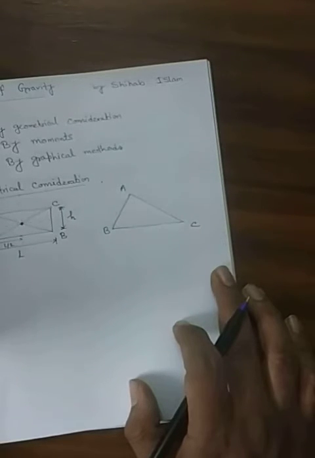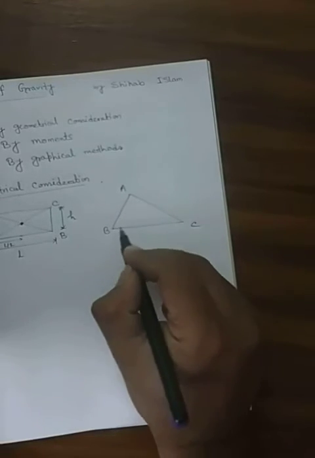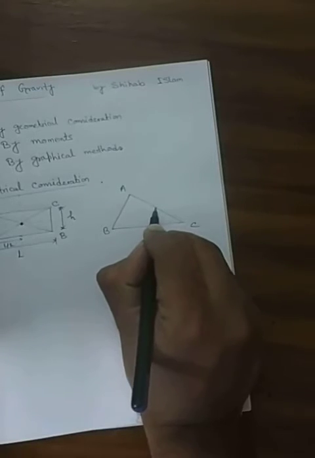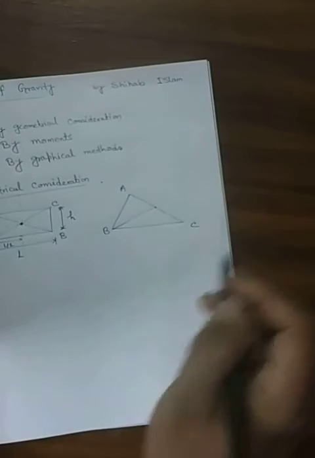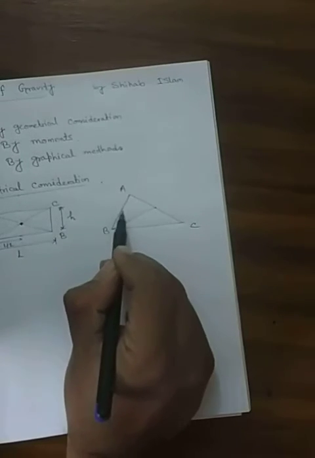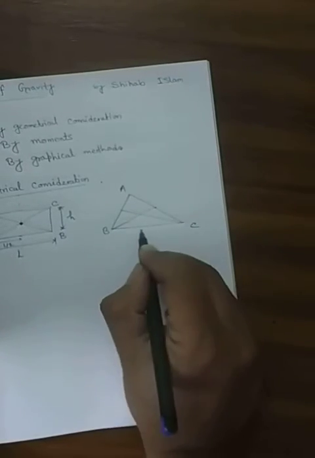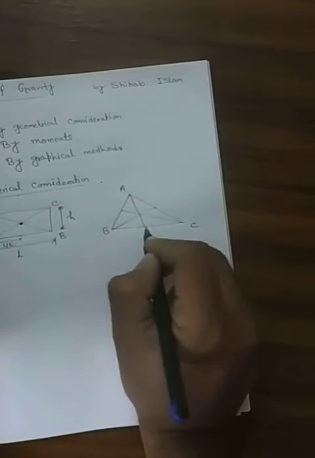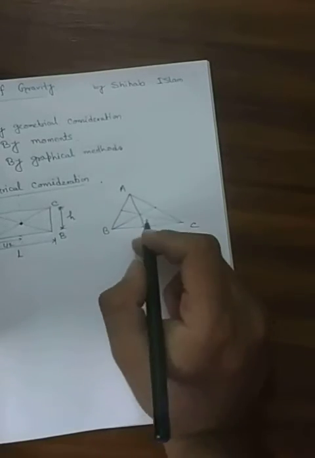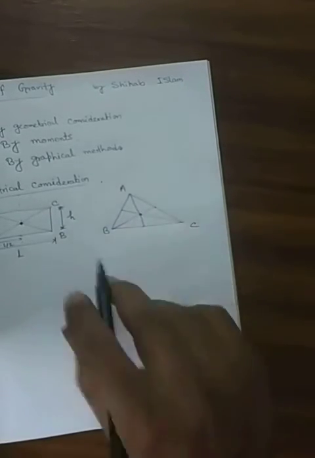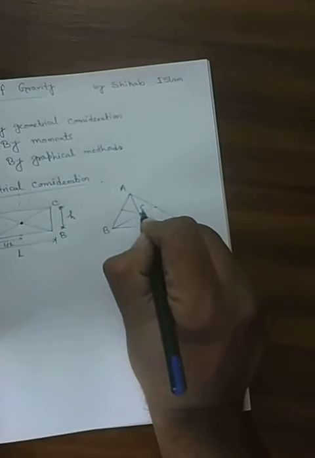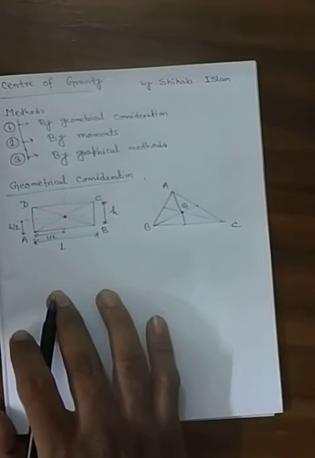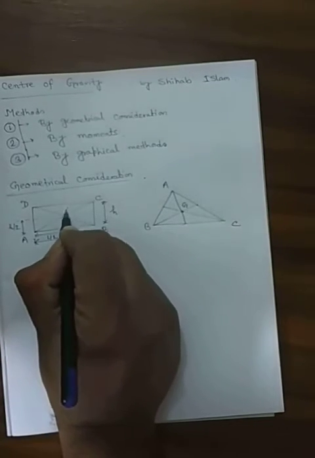So the three medians of the triangle meet, and where they meet, the centroid lies. This is the middle point, this one, and this is the middle point. So you can see three medians meet at this point. So this point is the center of gravity. This is G, right? We signify center of gravity as G. Here also, this is called G.